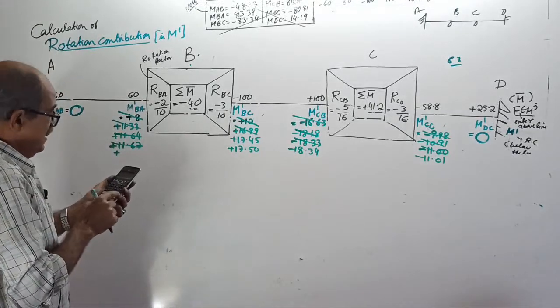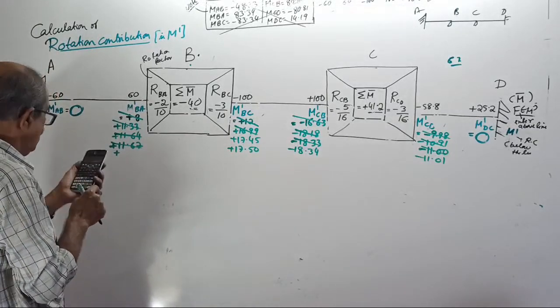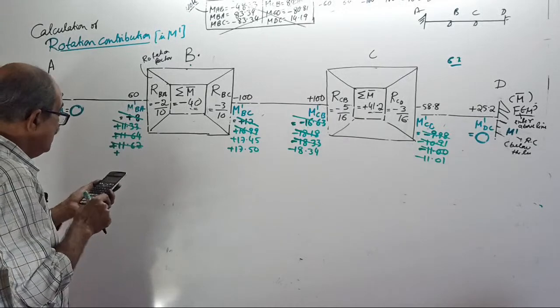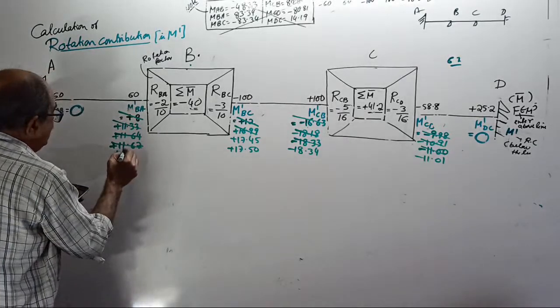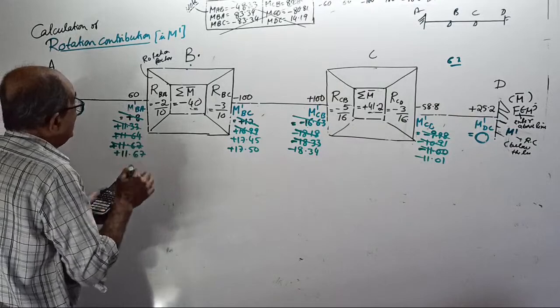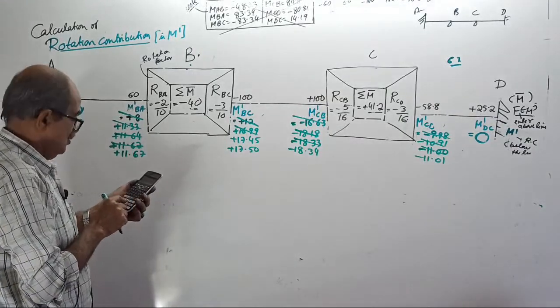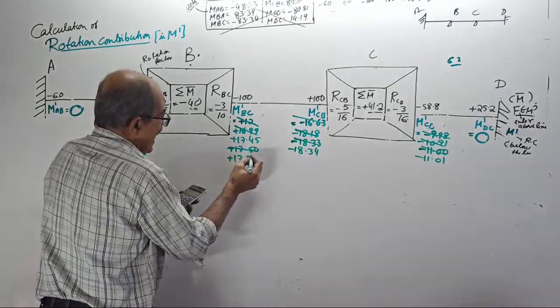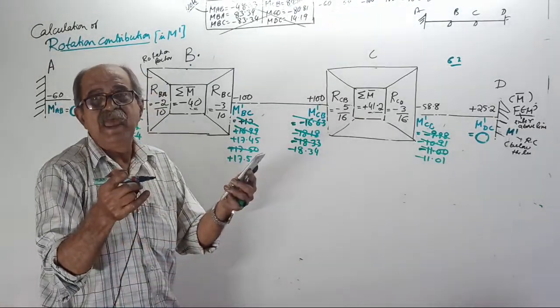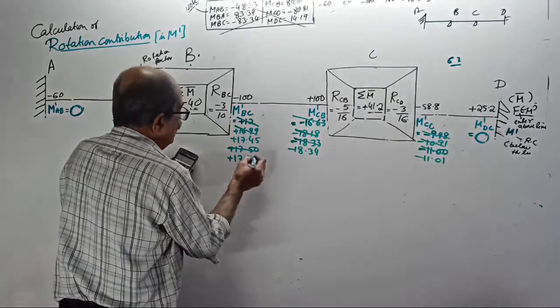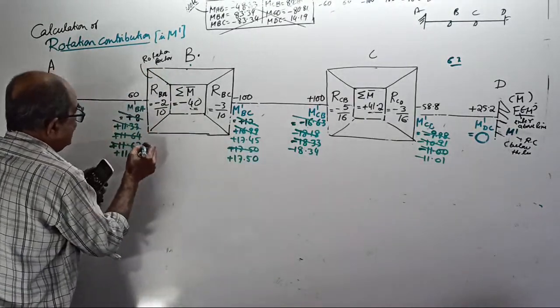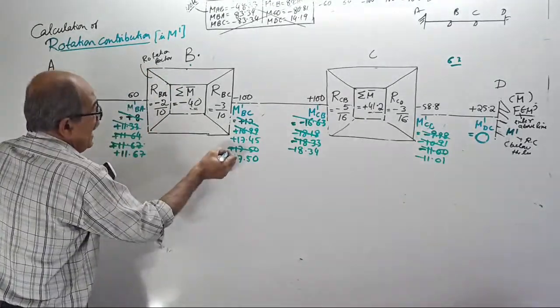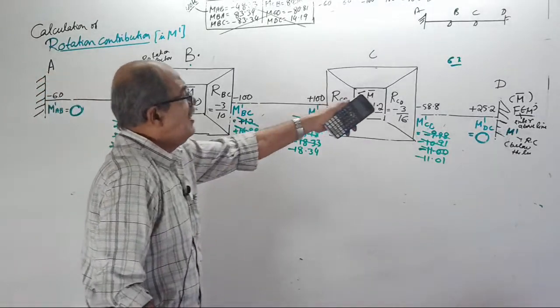Minus 40 minus 18.34 plus 0, 2 by 10, minus 11 plus 11.67 plus 17, actually 50 came in the second decimal. Therefore you can see both the values at B repeated. Now, I will come to C here.